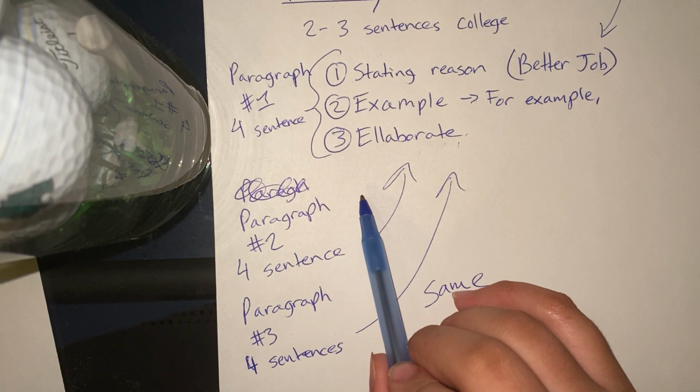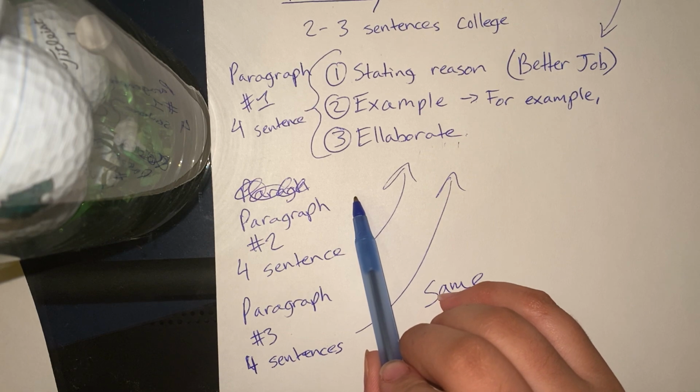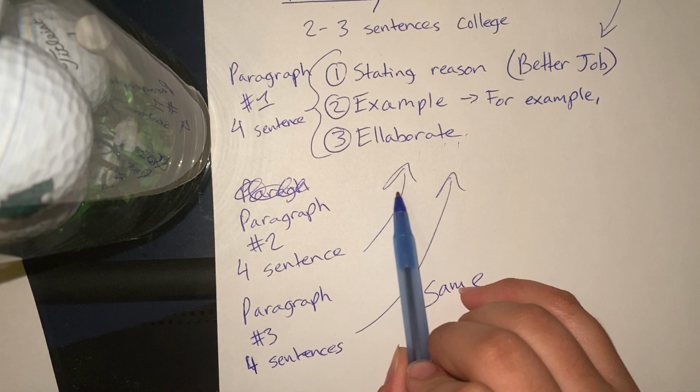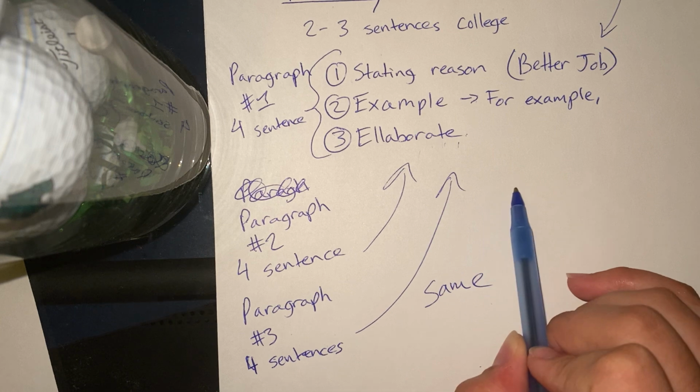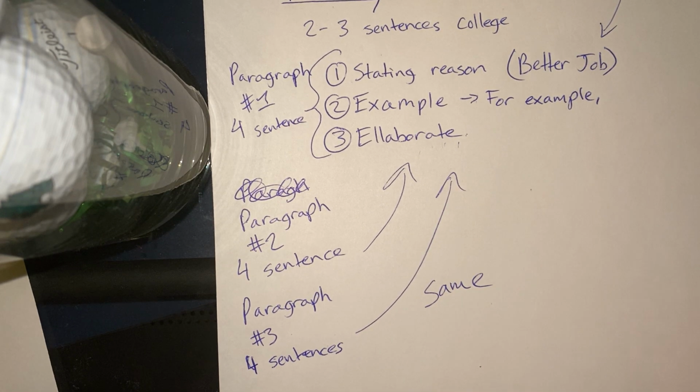So going off this topic, in paragraph 2, I would say something like, my second reason was you could be a better parent. So I would say, many parents are able to give their children a better life because they get paid more.